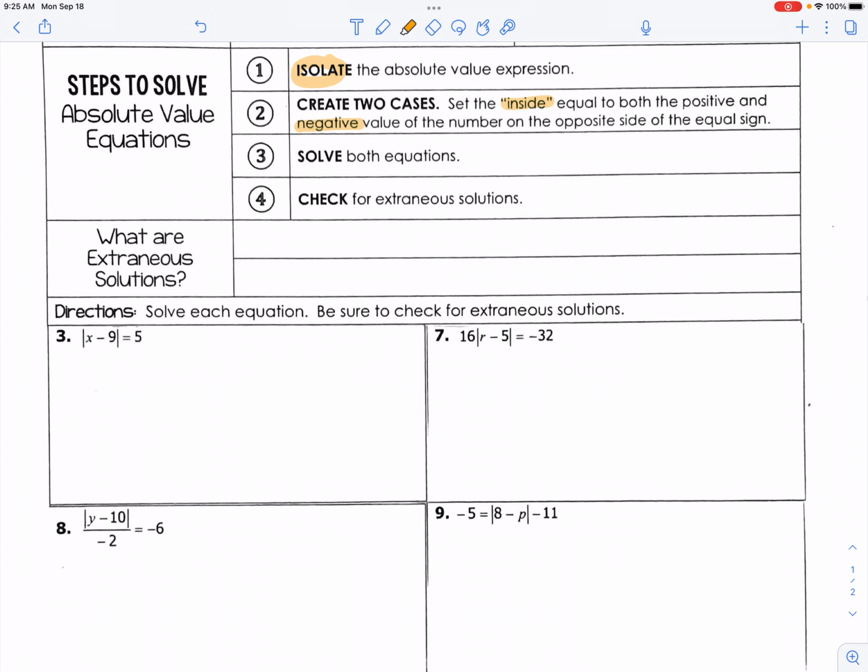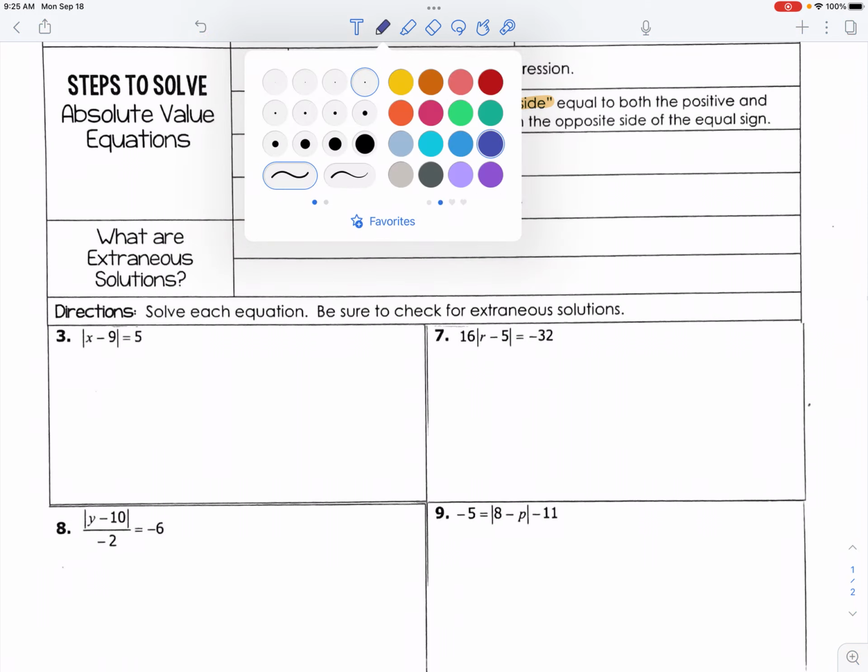Once we've done that, this right here, very important, we have to check for what's called extraneous solutions.